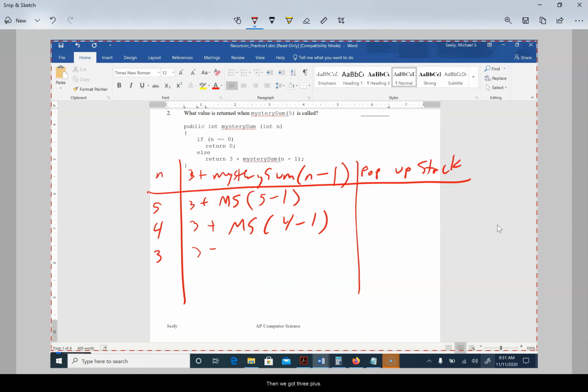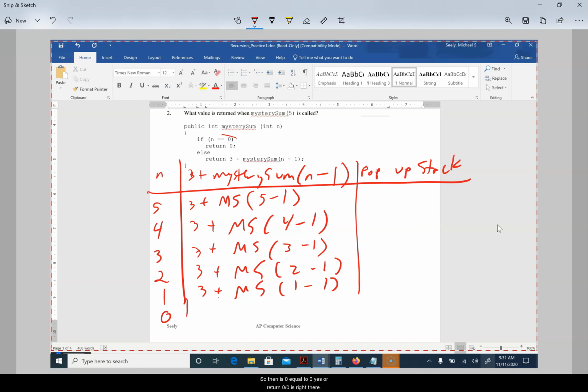Then we got 3 plus ms 3 minus 1, which is 2. So then we got 3 plus ms 2 minus 1, which is 1. 3 plus ms 1 minus 1. That gives me my 0. So then is 0 equal to 0? Yes, so it returns 0. So 0 is right there.